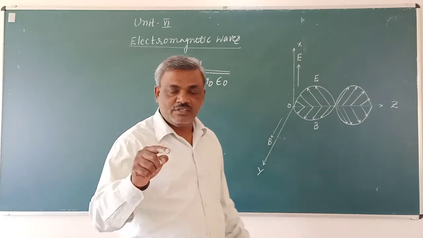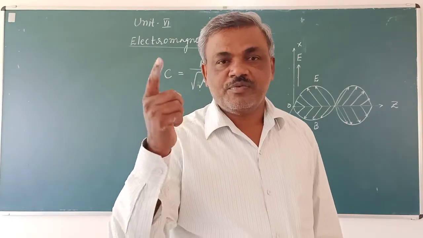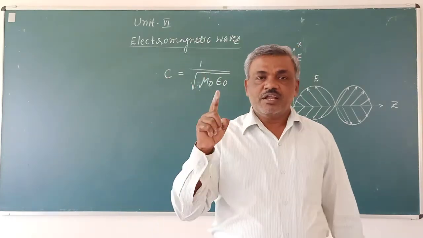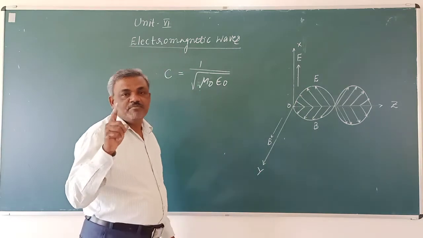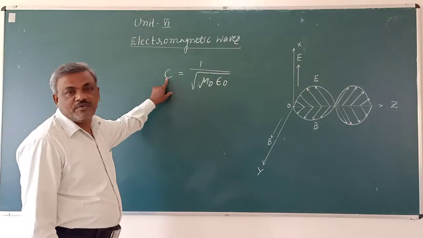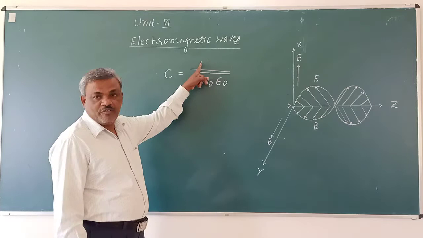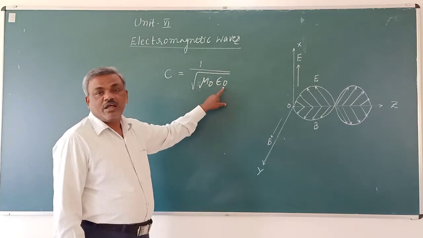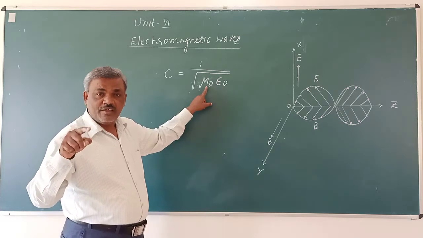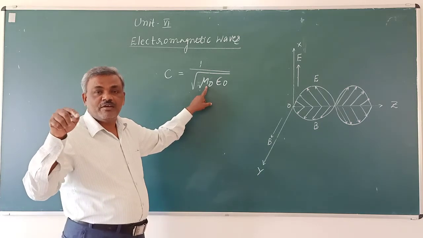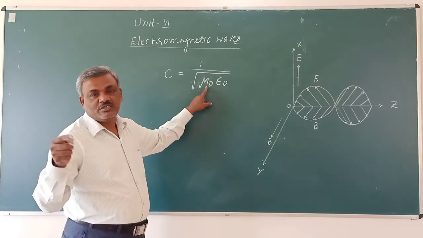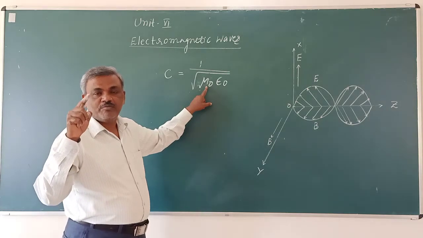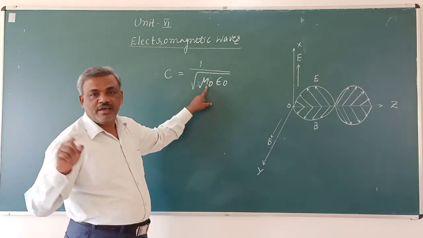This is a 2-mark question: write the expression for the speed of electromagnetic waves and explain the terms or symbols. C is the speed of electromagnetic waves, equal to 1 divided by the square root of mu naught epsilon naught. Mu naught is the magnetic permeability of free space, with value 4 pi into 10 power minus 7 henry per meter.